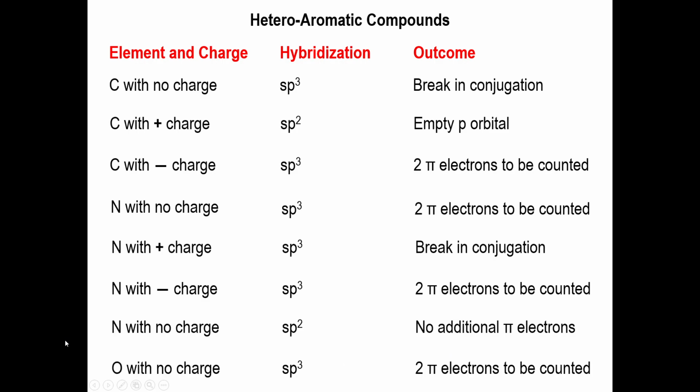All right, now oxygen, if it has no charge, it's got 2 lone pairs, it's still sp3 hybridized, but much like the nitrogen with a minus charge, you will only count one of the lone pairs for the actual pi system. And in case you're wondering why all these rules are the way they are, it ultimately has to do with the symmetry of the orbitals.